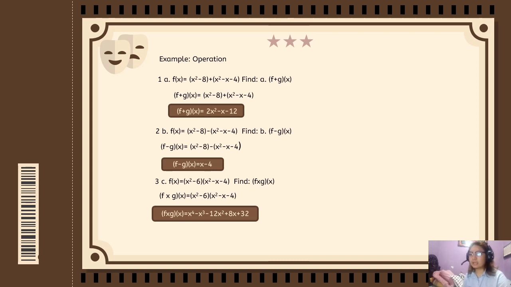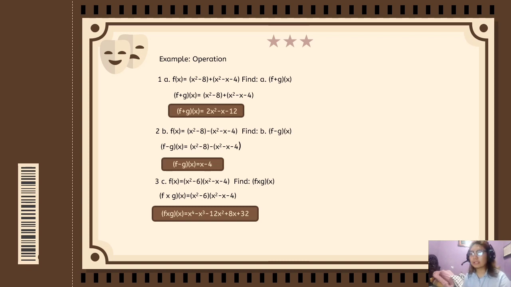Negative 4 times x squared is equivalent to negative 4x squared. Negative 4 times negative 6 equivalent to 24. 24 siya.